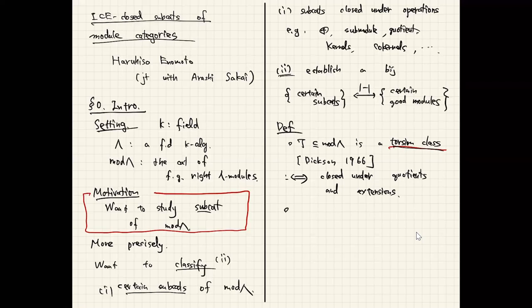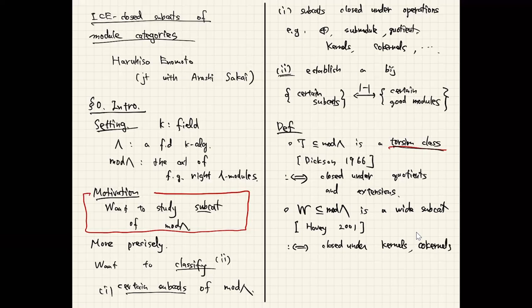Another class is wide subcategories. A subcategory W of mod lambda is a wide subcategory, and this terminology is probably due to Hovey's paper in 2001, if it is closed under taking kernels, cokernels, and extensions.